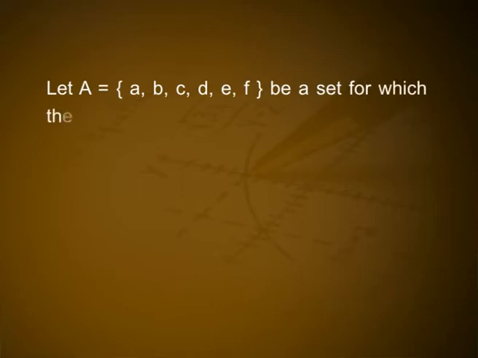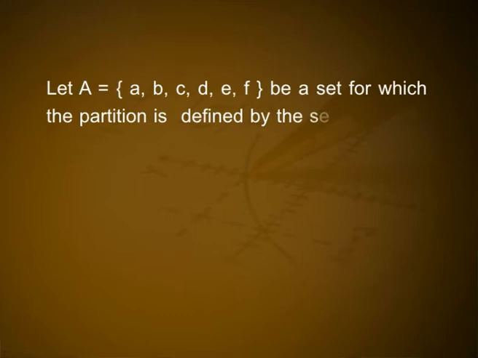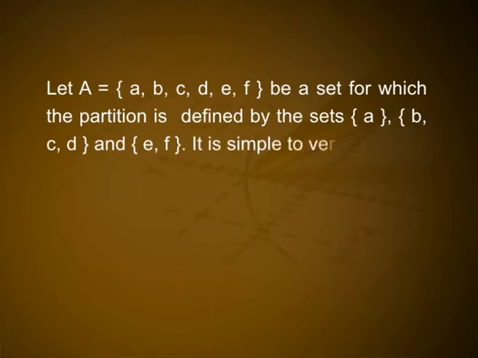It is possible to make out the equivalence relation when a non-empty set and a partition of it are given. For instance, consider the following example. Let A equal the set {a, b, c, d, e, f} be a set for which the partition is defined by the sets {a}, {b, c, d} and {e, f}.